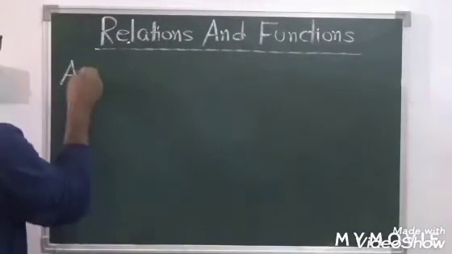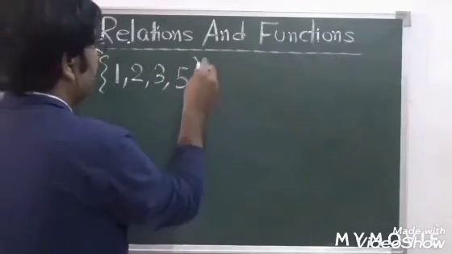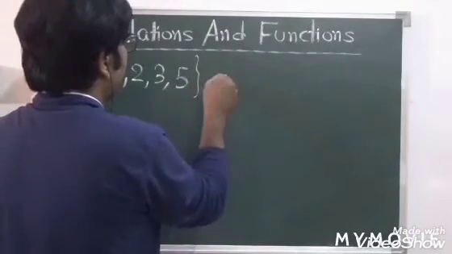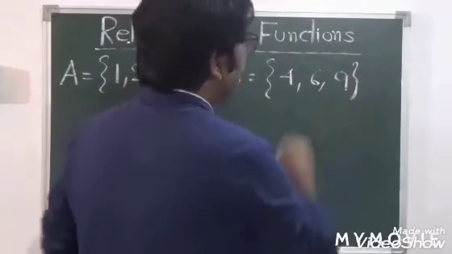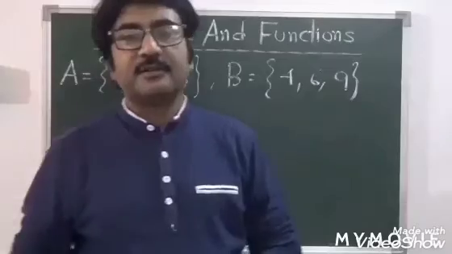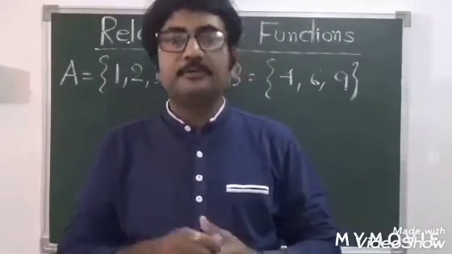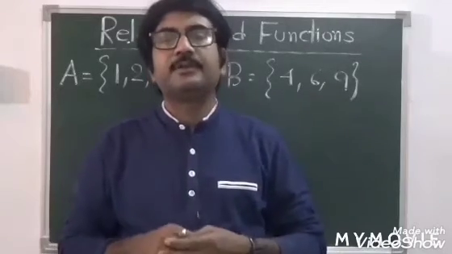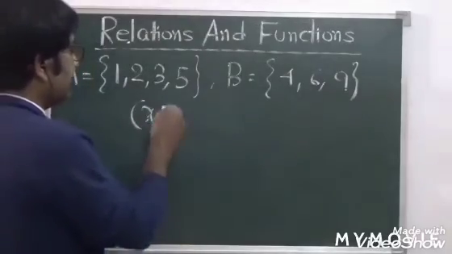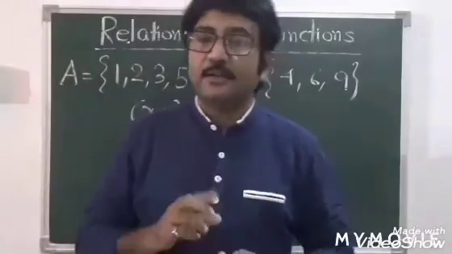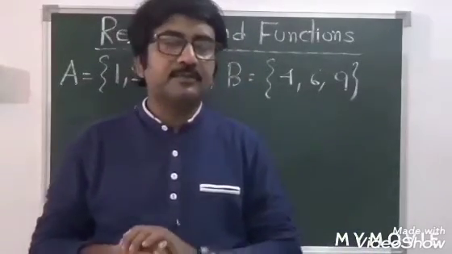So set A is 1, 2, 3, 5 and set B is 4, 6 and 9. Okay. Now R is a relation defined from A to B such that R takes up all those ordered pairs whose difference between the two elements of the ordered pair (x, y), if you consider this as (x, y), is an odd number, and needless to say, x must belong to set A and y must belong to set B.